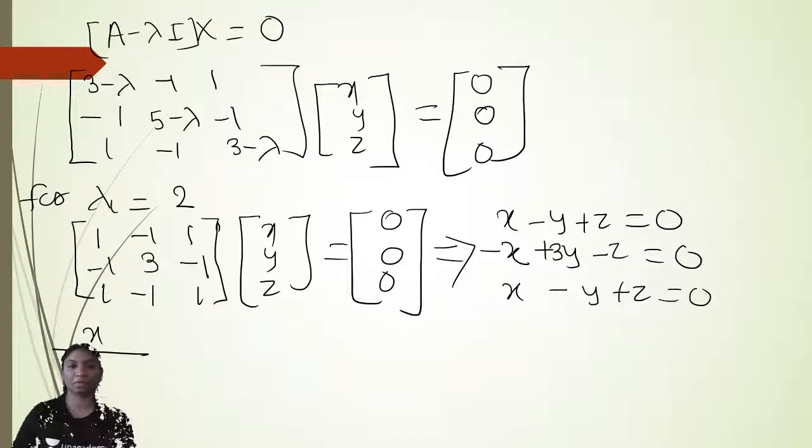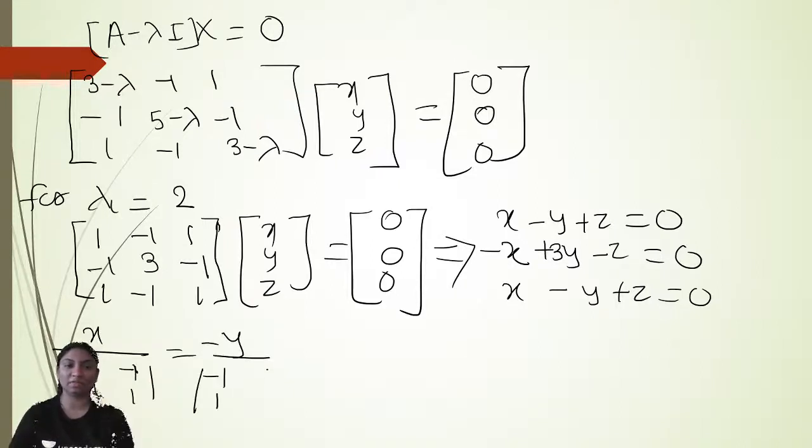So x upon the determinant of 3, minus 1, minus 1, 1, is equal to minus y upon minus 1, 1, minus 1, 1, is equal to z upon minus 1, 1, 3, minus 1, is equal to k.